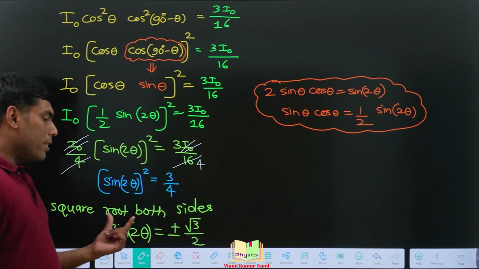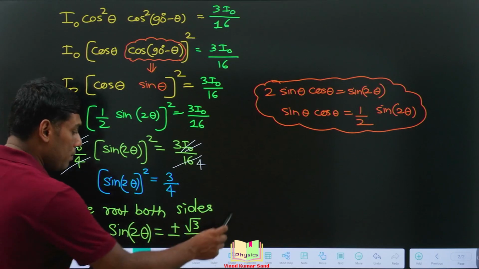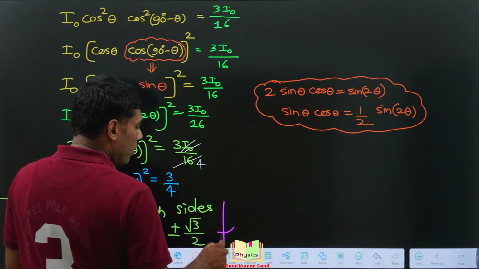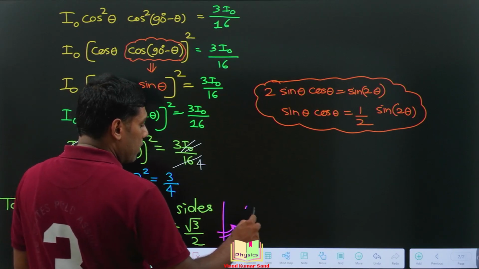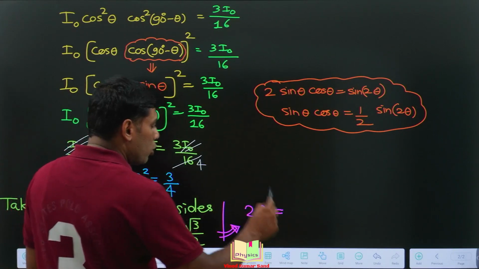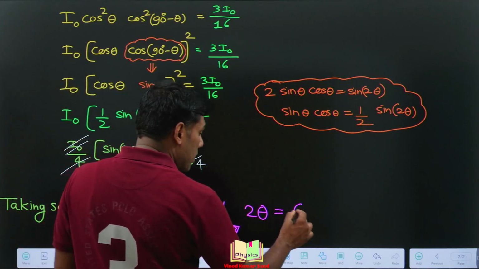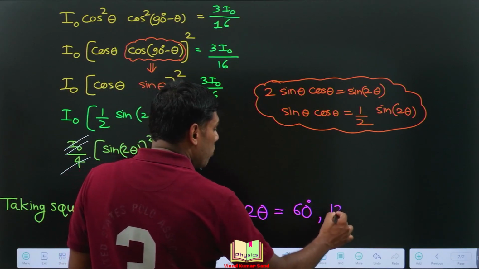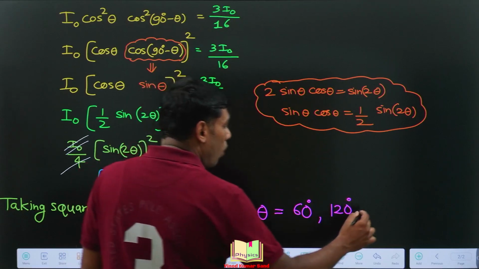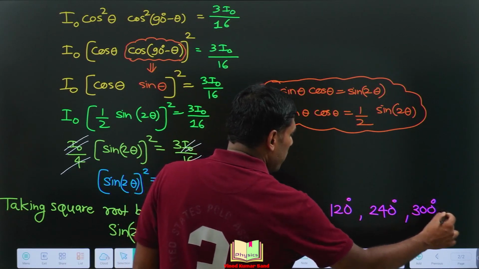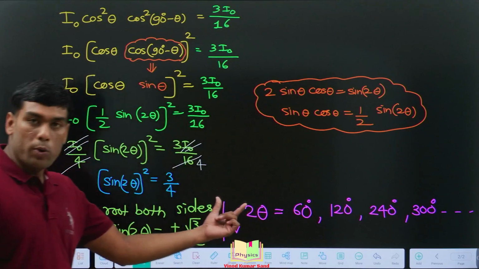Now we'll get the value of 2 theta. By trigonometry, the value of 2 theta should be equal to either 60 degree or 120 degree or 240 degree or 300 degree. There could be numerous values. I hope you get this.